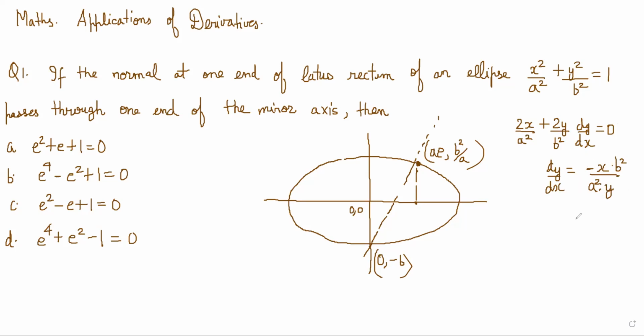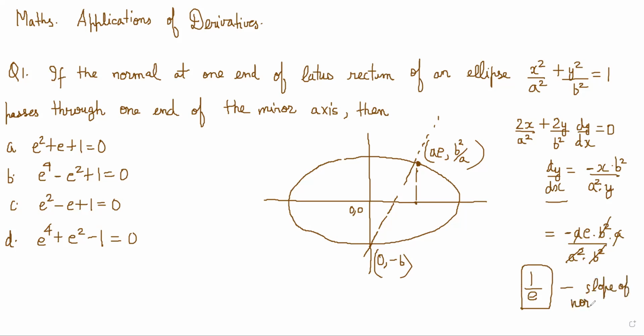And putting the value of that point, x is ae and y is b square by a. So minus e is coming as the slope of tangent. So 1 by e is the slope of normal.